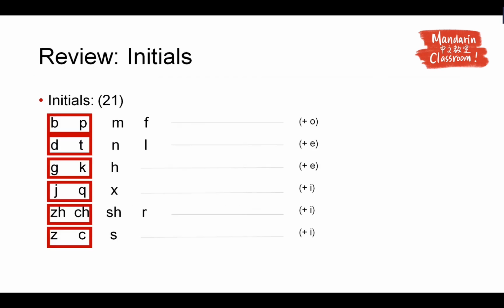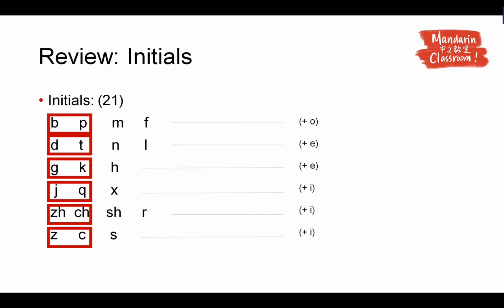So let's do the first part, review the initials. I will read each of initial once, so please read after me. First line, 波 坡 摸 佛. Second line, 的 特 呢 了. Third line, 歌 科 呵.